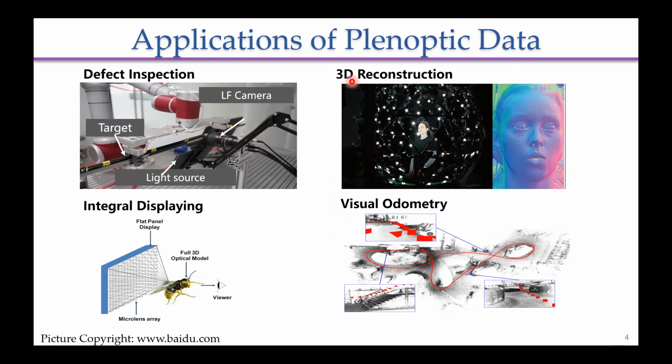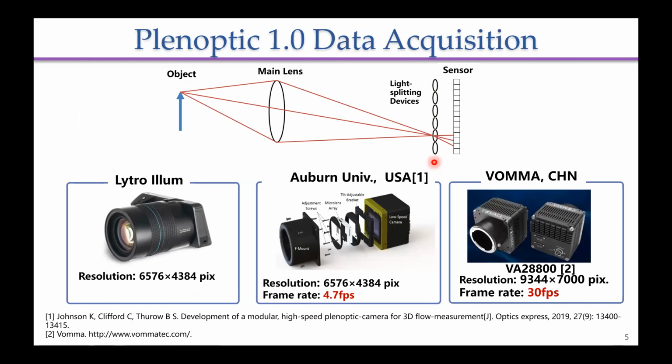For the plenoptic images captured by those cameras, we wish to go a bit deeper, since there are two types of acquisition devices, like plenoptic 1.0 and 2.0. In 1.0, the difference is that the microlens array is put at the image plane of the main lens.